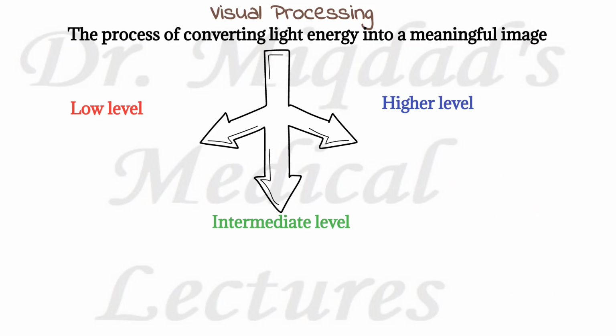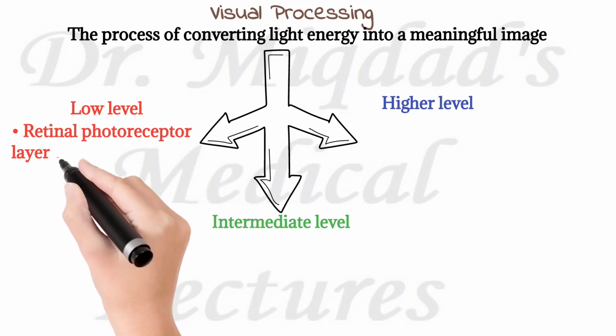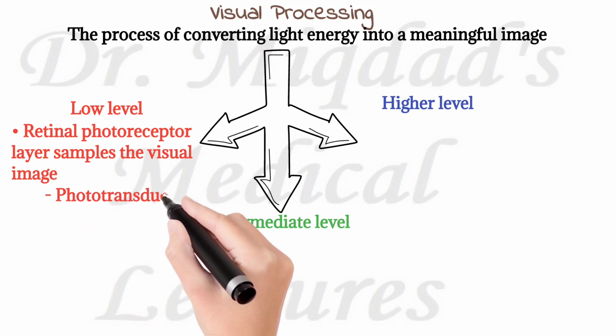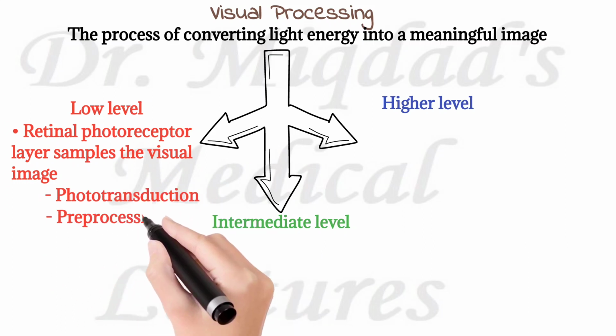At the lowest level, the retinal photoreceptor layer samples the visual image, and then visual attributes such as local contrast, orientation, color, and movement are discriminated and then transmitted to higher areas of the brain via the optic nerve. This process involves three steps, that is phototransduction, pre-processing, and adaptation.